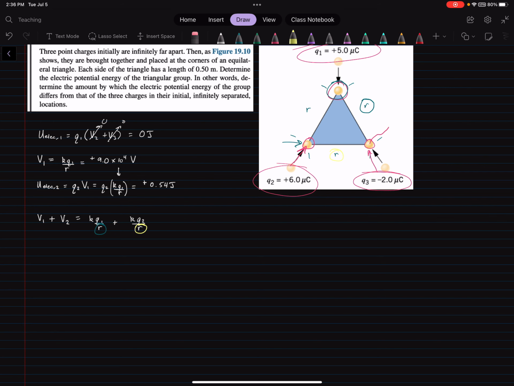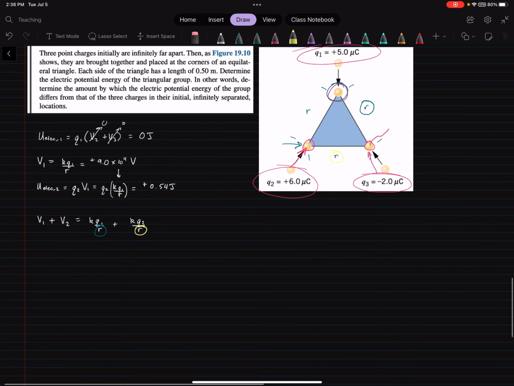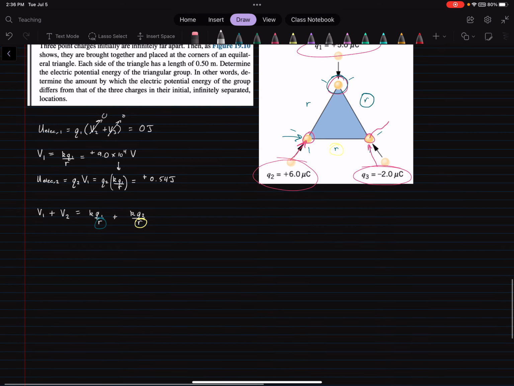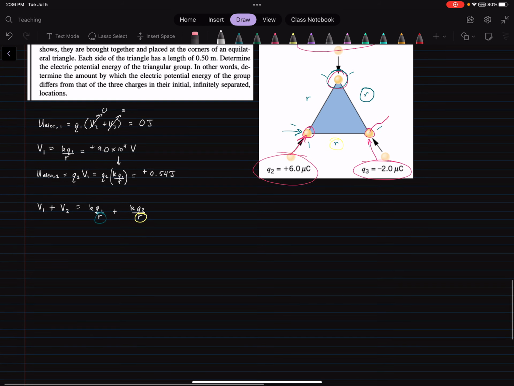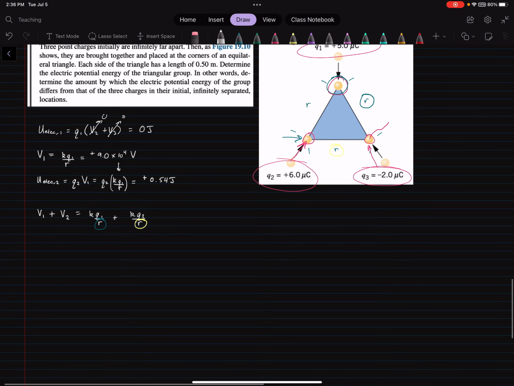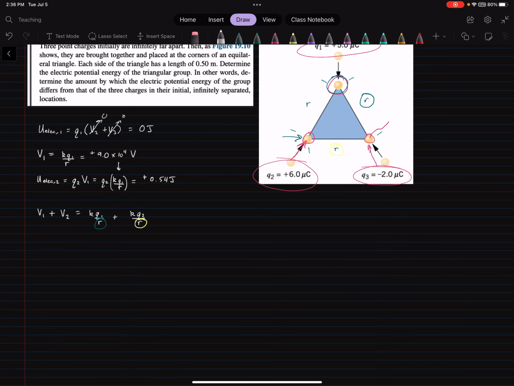Distance from Q2 to the point at which we're trying to calculate the potential at. All right. And so we know what both of those quantities are, right? You have to be careful to plug in the appropriate charge. Distance in this case is the same, but you should get a positive 2.0 times 10 to the 5th volts.